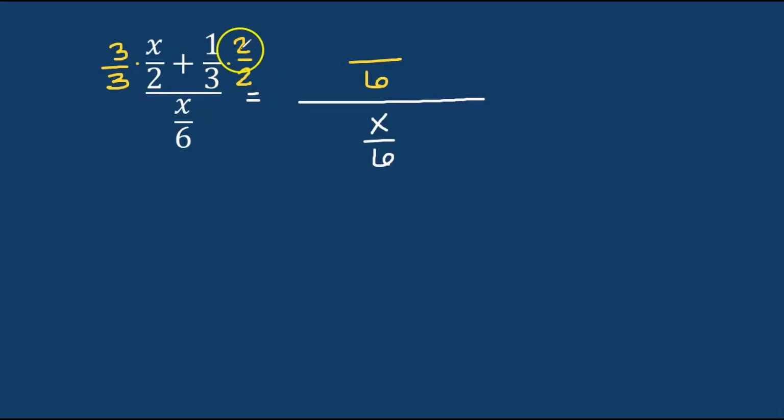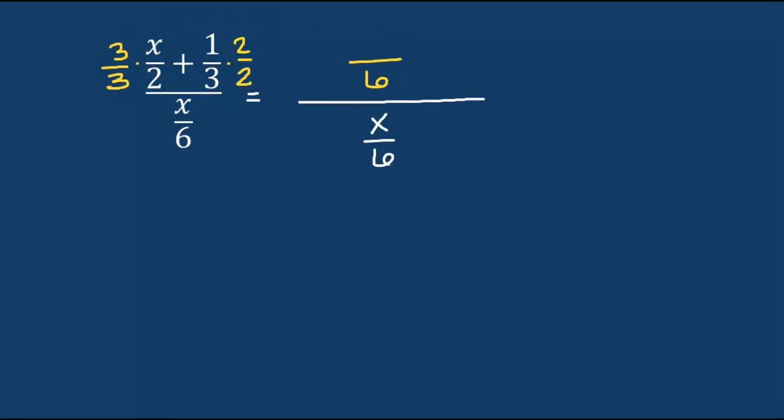Remember, if we multiply by anything over itself, we're really multiplying times the number 1. And anything times 1 is itself, so it's not changing it. It's just rearranging its form. 3 times 2 is 6 here, 3 times 2 is 6 here, so I know I'm going to end up with the common denominator of 6.